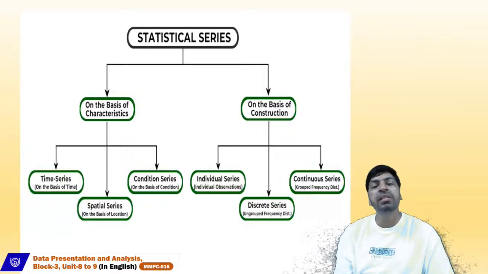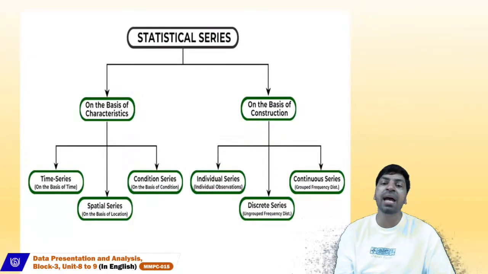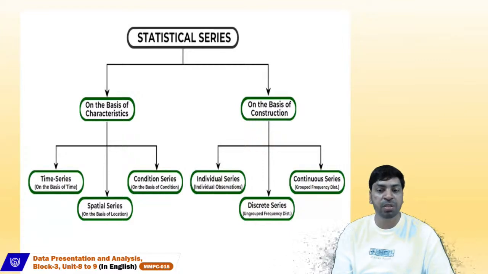But when we talk about the second basis, on the basis of construction, we have three series: individual series, discrete series, and the continuous series. When we talk about individual series, we look at the individual observation. But when we talk about discrete series, we always talk about the individual observations with their respective frequencies.